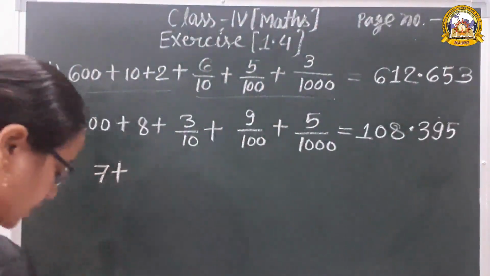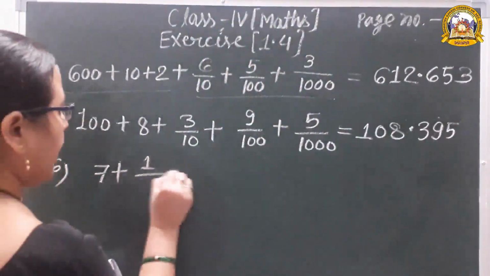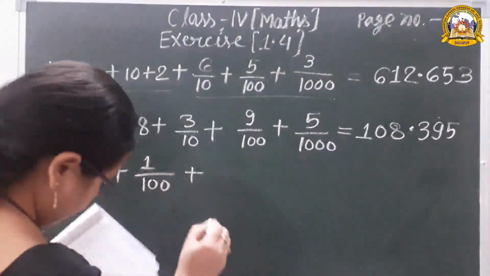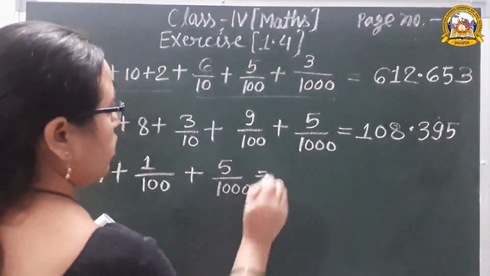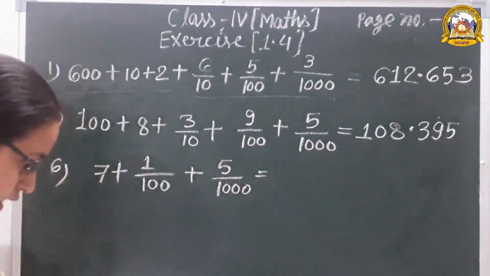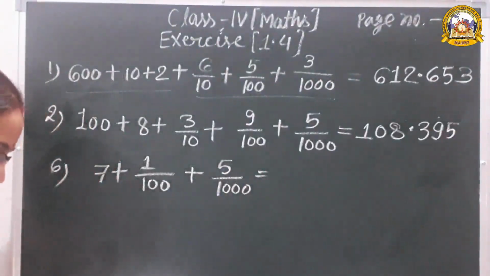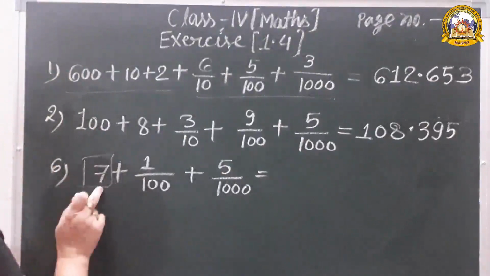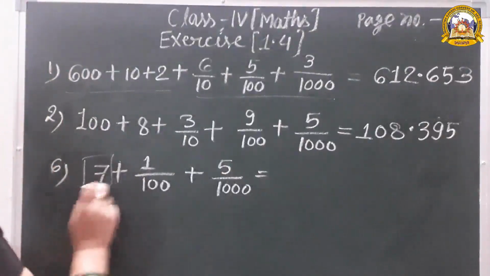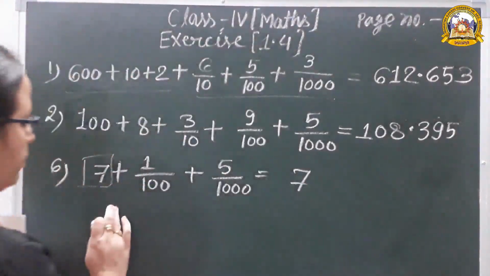Question number 6: 7 plus 1 upon 100 plus 5 upon 1000. What is the short form of this number? First we see the whole part. That is 7, only 7.